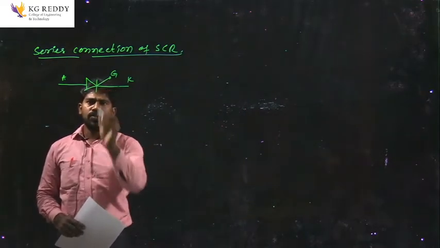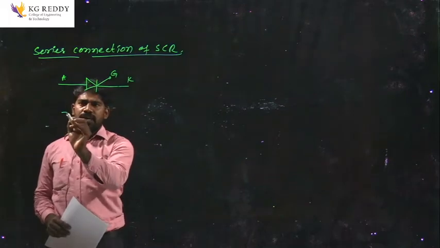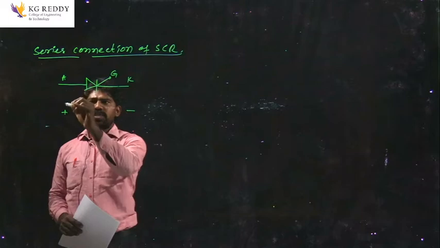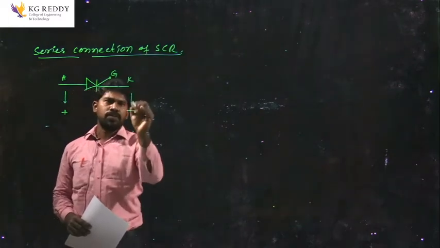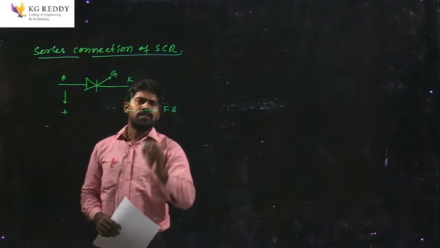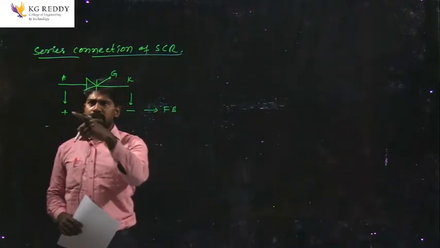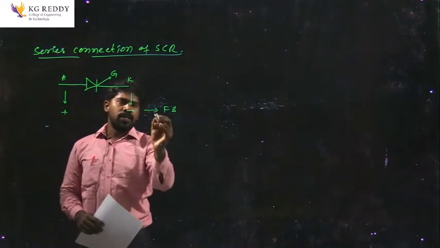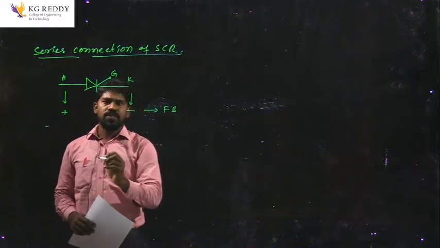Now, how can we operate this SCR in power electronics? When anode is positive with respect to cathode, the SCR is in forward bias condition.